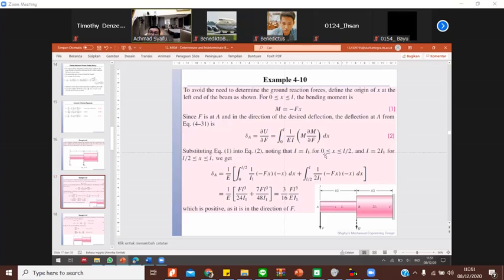This is one from 0 to L over 2, and for I2 equal to 2I1 from L over 2 to L. Because it is uniform material, A can be excluded from the formulation, but E is still inside the partial derivative. Finally we will get this formulation.